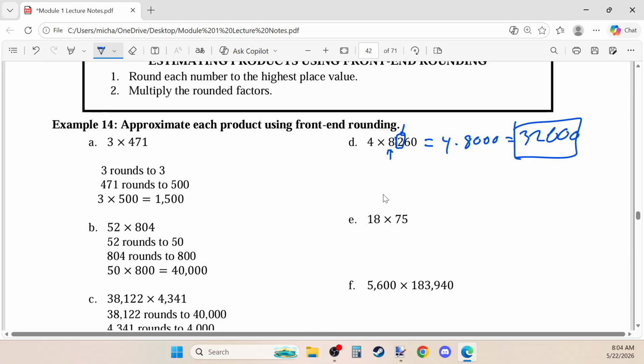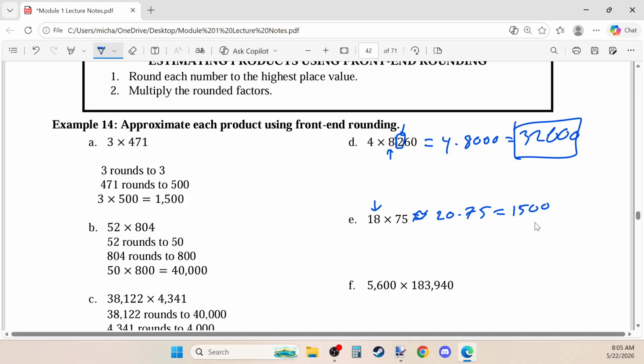With this one, you usually only need to front end round one of the numbers, but you can front end round both numbers. If I just front end round this number, this is going to be about 20 times 75. 2 times 75 is 150, so 20 times 75 is 1,500.